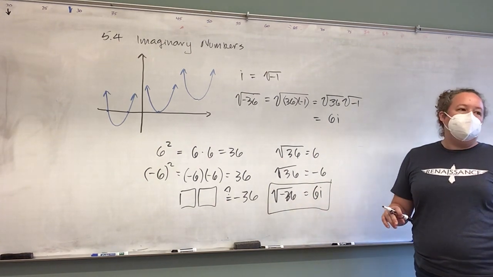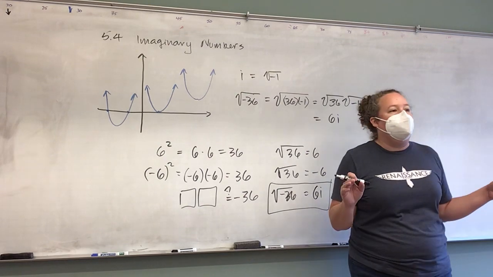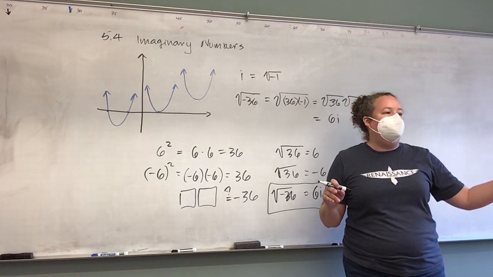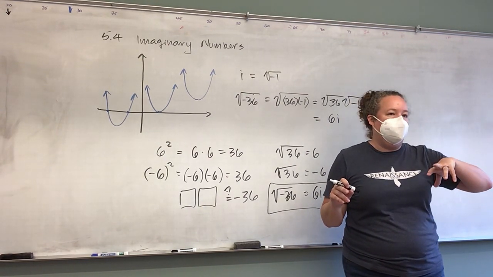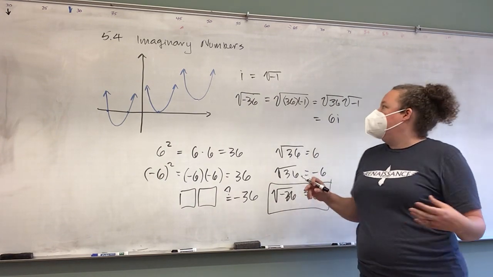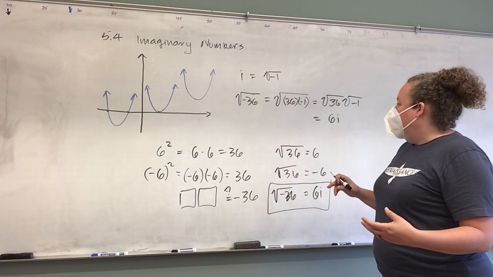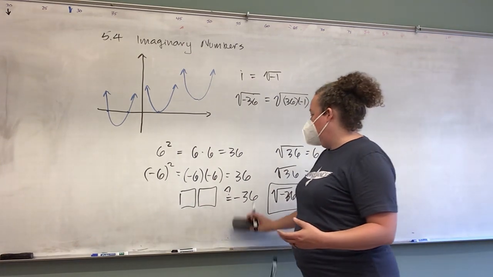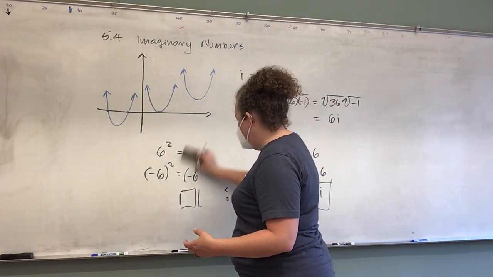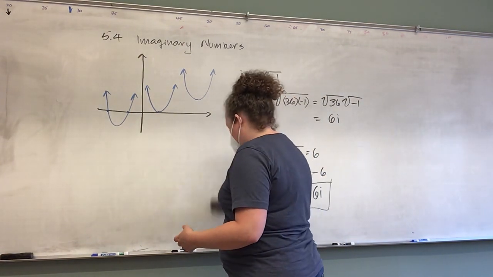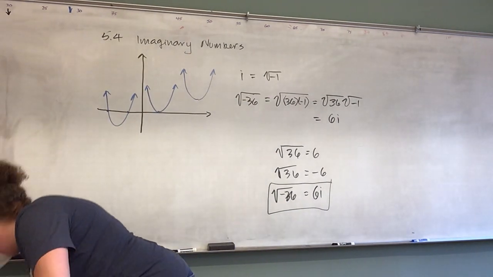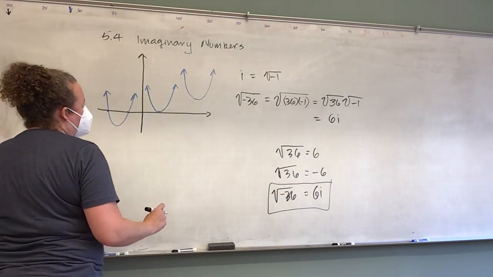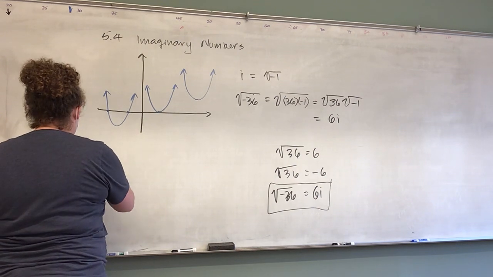A complex number looks like a binomial, and it has a real part and an imaginary part. So for example, let's use our example from before.